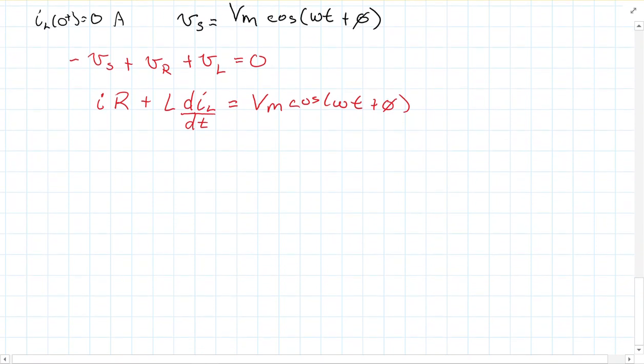All right, so now what do we have here? Well, we have a differential equation, and all of you hopefully at this point are either currently taking differential equations or have already taken it. And this is what type of differential equation?